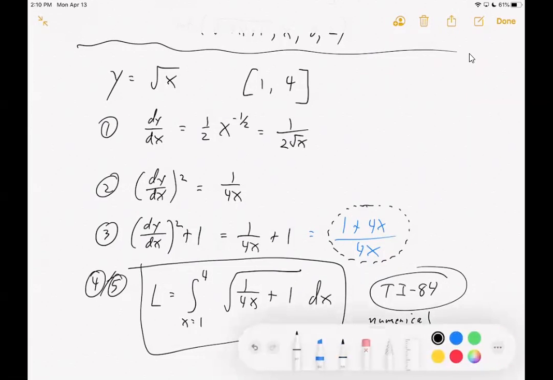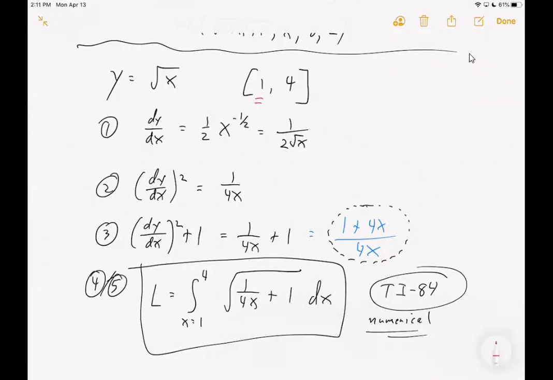But let me point out one more thing in this problem. You'll notice I started at 1 and not 0. The reason I have to do that is because if I look at the derivative, dy dx, it does not exist at 0. So I could do an interval from 0.0001 to 4 if I was numerically trying to find what the answer is.